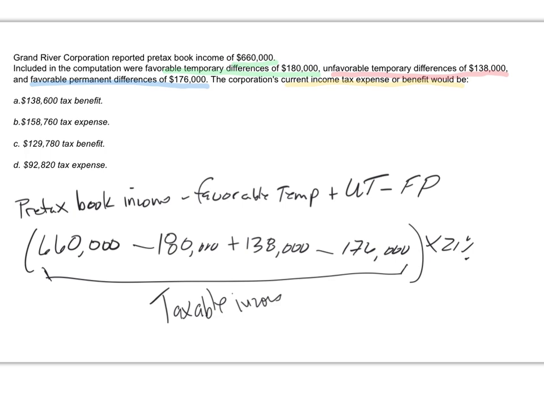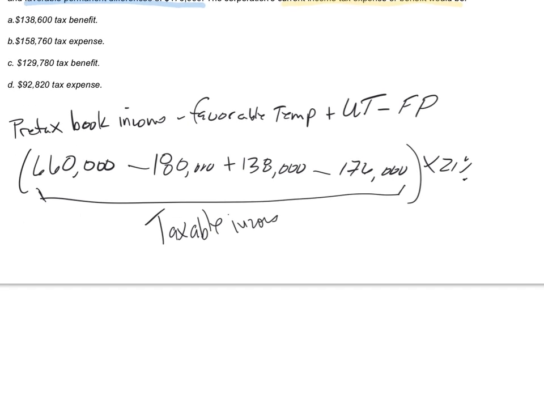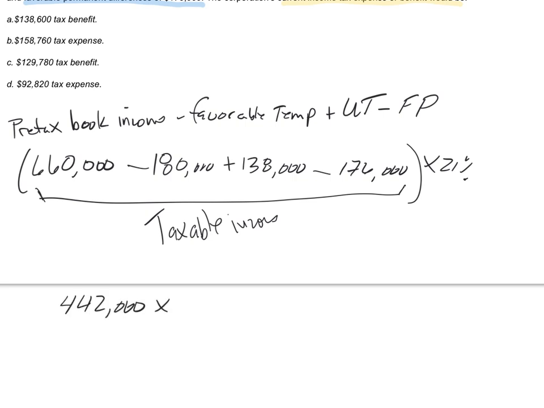When we multiply that by 21%, we get 442 times 21%, which is equal to $92,820. And that is going to be tax expense.